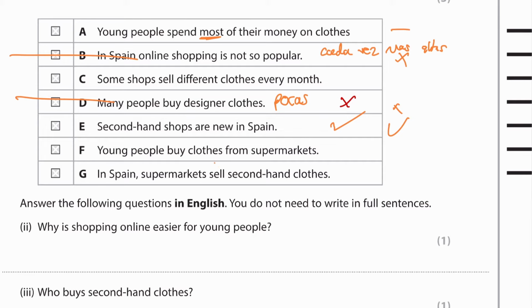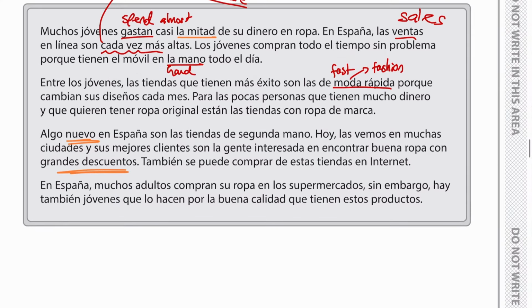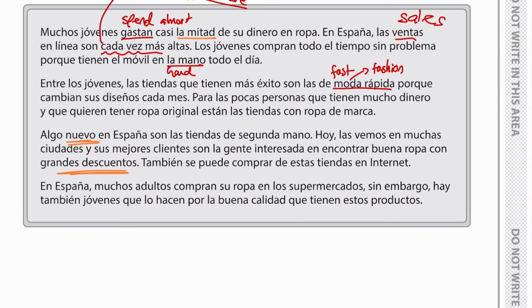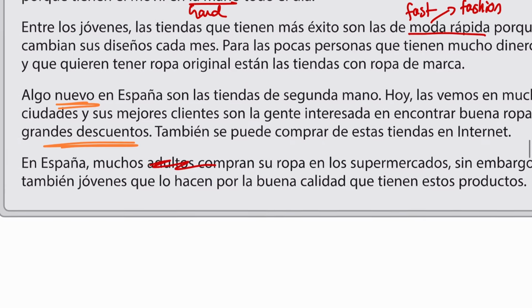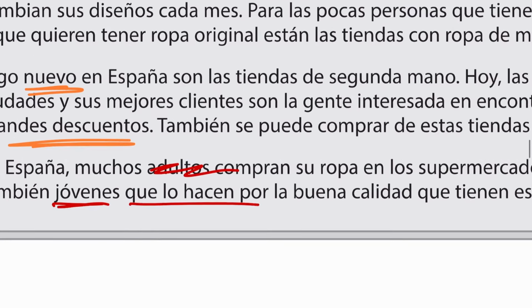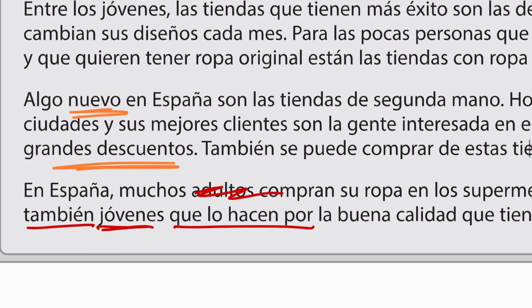Young people buy clothes from supermarkets. Don't think we've read that far, but yes, okay, here it is. En España, muchos adultos compran su ropa en los supermercados. Sin embargo, hay también jóvenes que lo hacen por la buena calidad que tienen esos productos. Okay, tricky phrases here. So we mentioned adults. We don't care about adults. We care about teenagers. También, also teenagers.